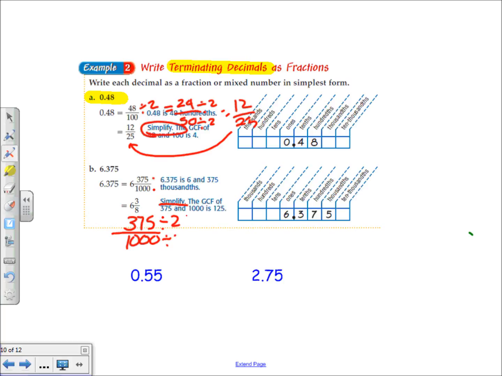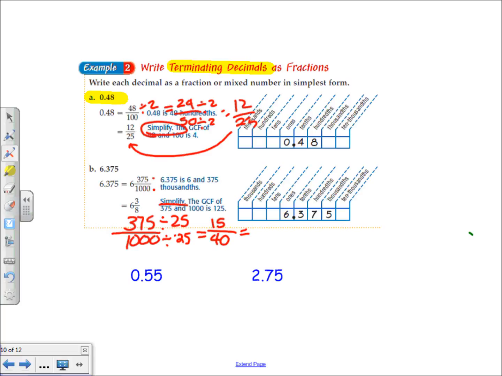I'm going to divide by 25, because I think I can in my head, but if you can't, you can just start dividing by 5. Well, I know in 100 there are 4 25s, right? In 300, there are going to be 12 of them. And I have 3 more, and that's going to be 15, and so 375 divided by 25 is 15. And 1,000 divided by 25, well, I know there are 4 of them in 100, so in 1,000 there will be 40.